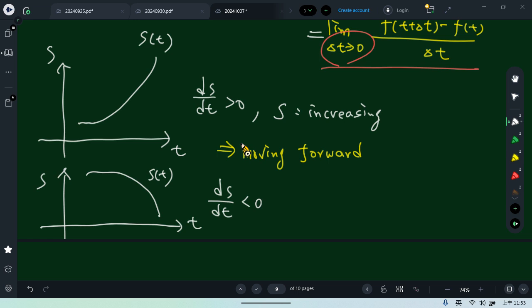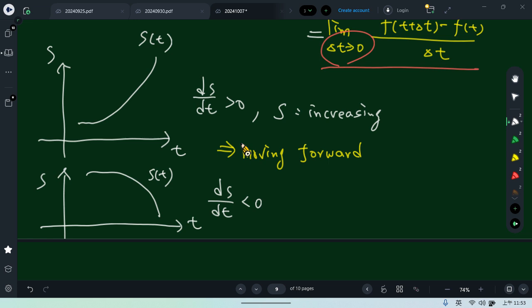But for its distance, its displacement, it will be negative because from further to become near, will be closer, right? So it is a negative.